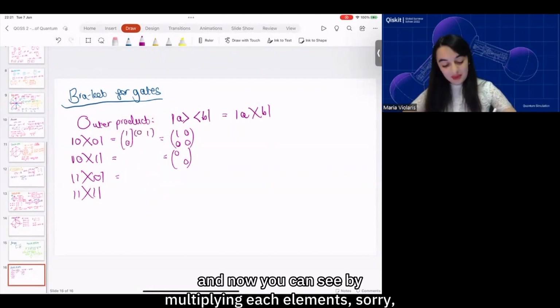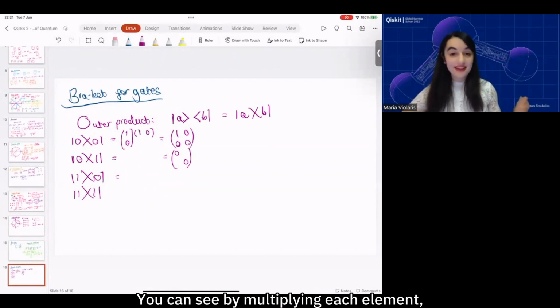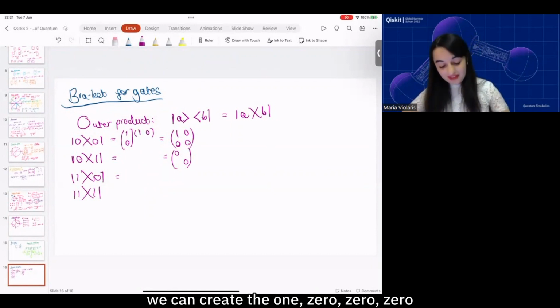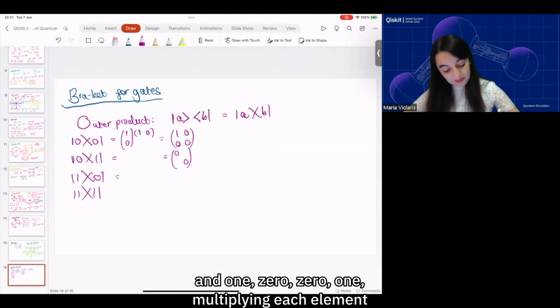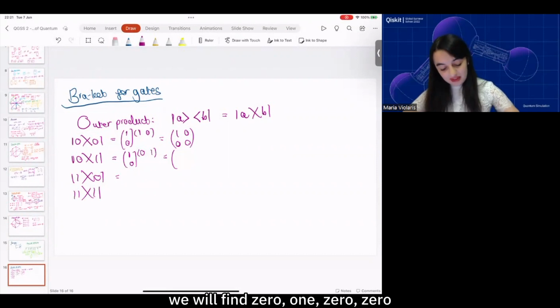Now you can see by multiplying each element, 1, 0, 1, 0, we can create the 1, 0, 0, 0. And 1, 0, 0, 1, multiplying each element, we will find 0, 1, 0, 0.